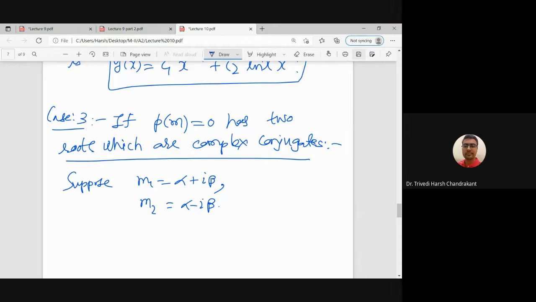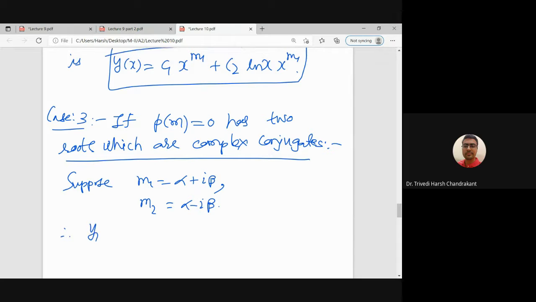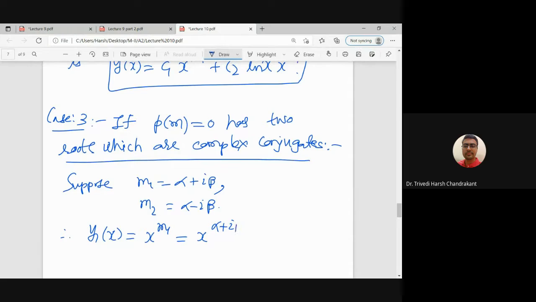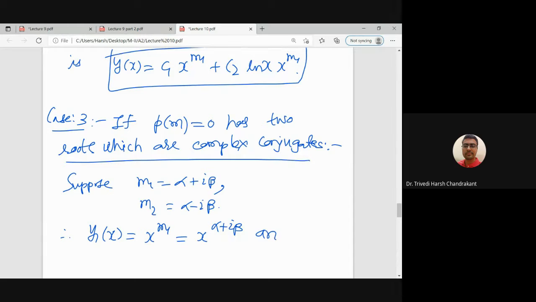Here also m1 is not equal to m2, therefore y1 of x, the solution, is x power m1, that is x power alpha plus i beta. So what is this? This is essentially x power alpha times cos beta plus i sin beta.